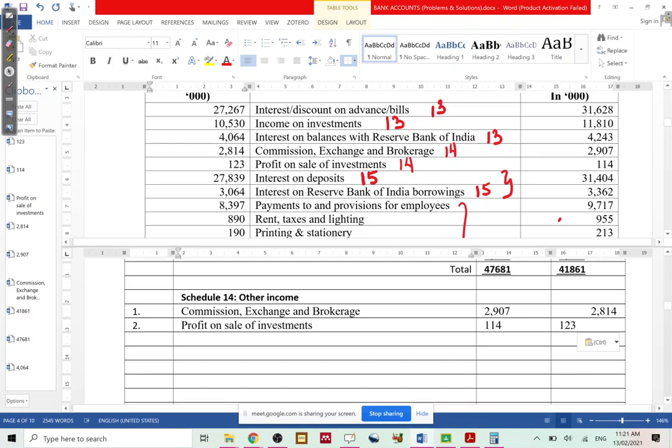Let's take the totals. At this point I'll just write down the totals that I've already calculated. You can calculate along to 937. So these totals will go up in the profit and loss account. You just highlight them.